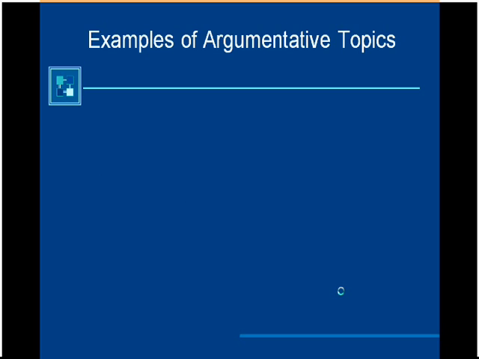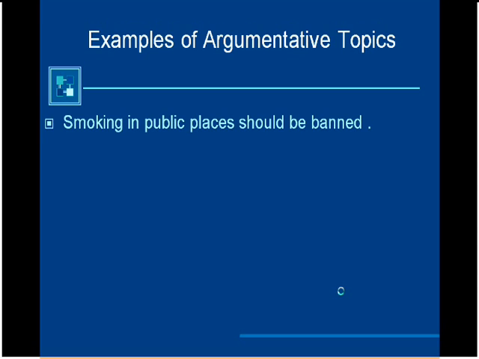Okay, examples of argumentative topics. And of course you can find these topics, it's like a topic of an essay. You can find any one of them during your CIPA test, writing CIPA test, okay? You may not, we don't know.